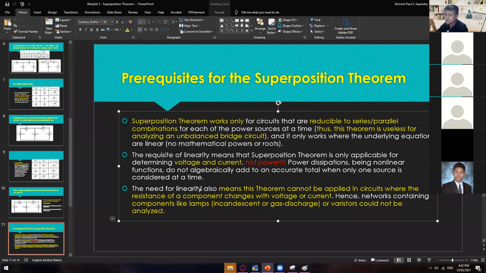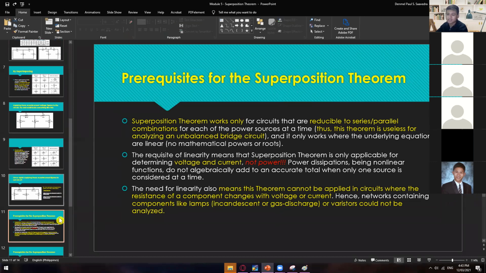It should be linear only. If you don't know the meaning of linear, you should search it on the internet. Anyway, a 2-minute video will clear your mind about linearity. Hence, networks containing components like lamps, incandescent or gas discharge, or varistors could not be analyzed.